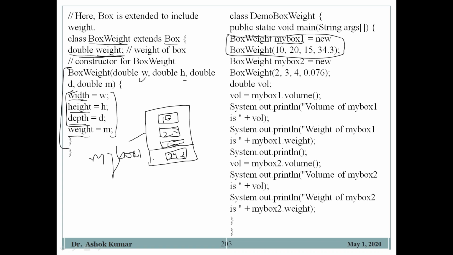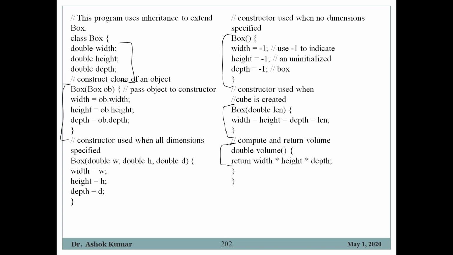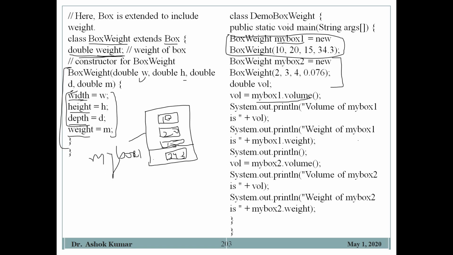After that, the next line will be executed. Here we are creating another object through the same constructor call. I'm not going to show you my box 2 over here. Then we are calling my box dot volume. Volume is basically a method of the superclass, and it will get inherited into the subclass. So we can call it directly through the subclass object. This is our subclass object, my box, and we are calling volume.